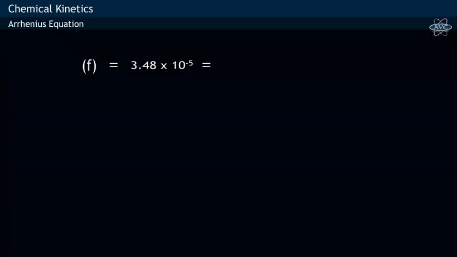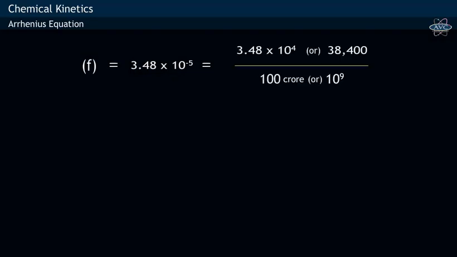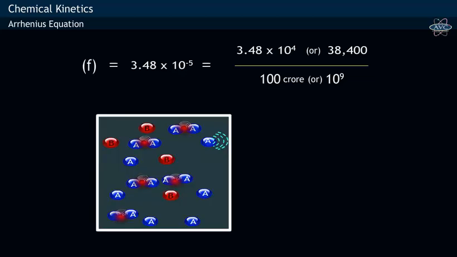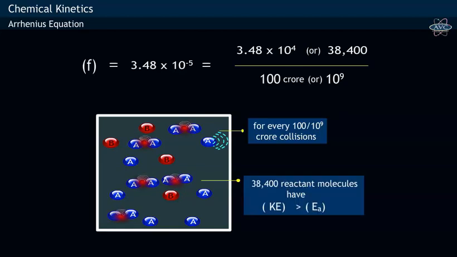This value is the same as 3.48 into 10 to the power of 4, or 38,400 divided by 10 to the power of 9. This indicates that for every 100 raw collisions, the number of molecules having enough energy to react is 38,400.